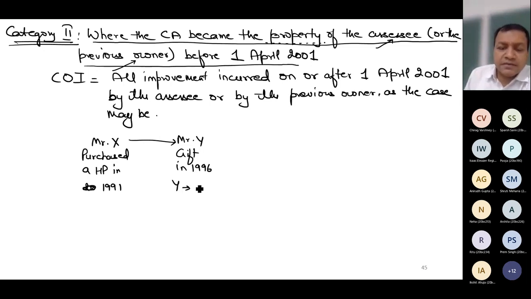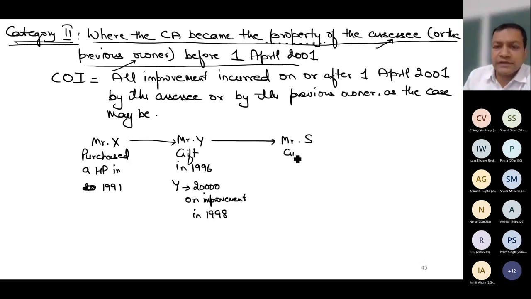Y spent 20,000 on improvement in 1998. He transferred it to Mr. S also as a gift in 1999.